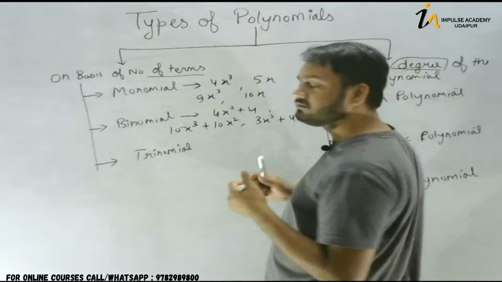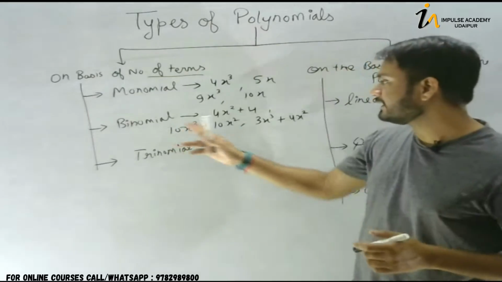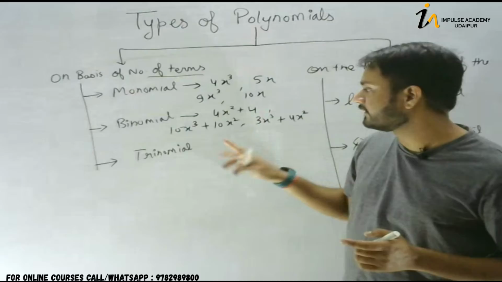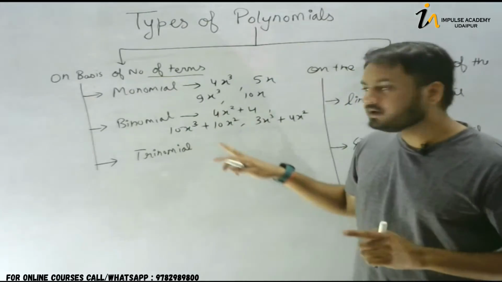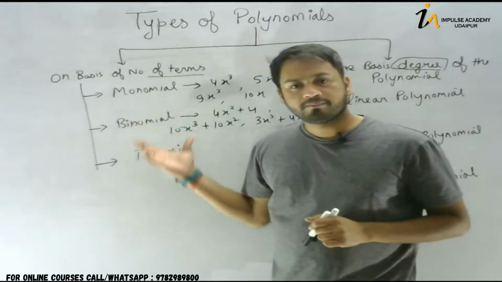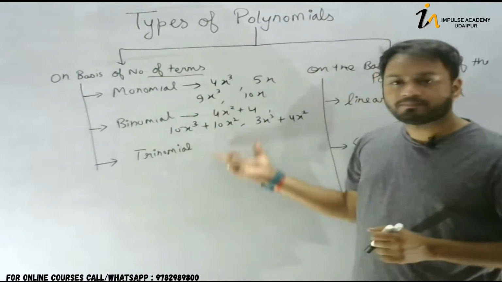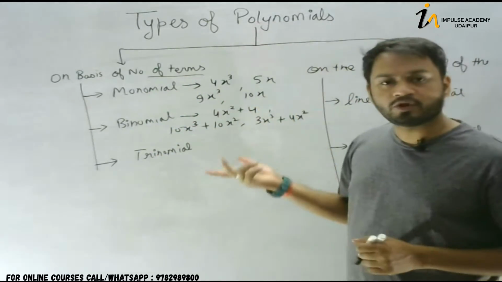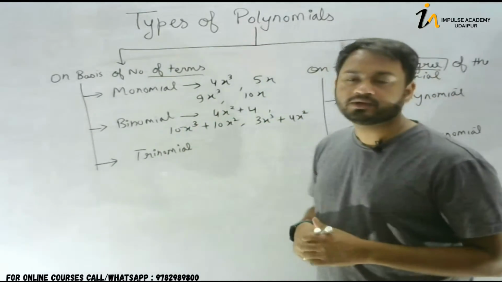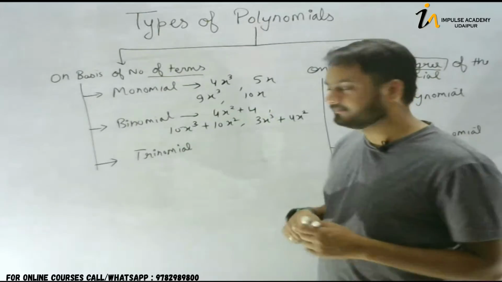In a binomial there are only two terms. In 4x square plus 4, 4x square is one term and 4 is another. These are all polynomials. 5x is also a polynomial, but we have given a special name for a single term, that is monomial.